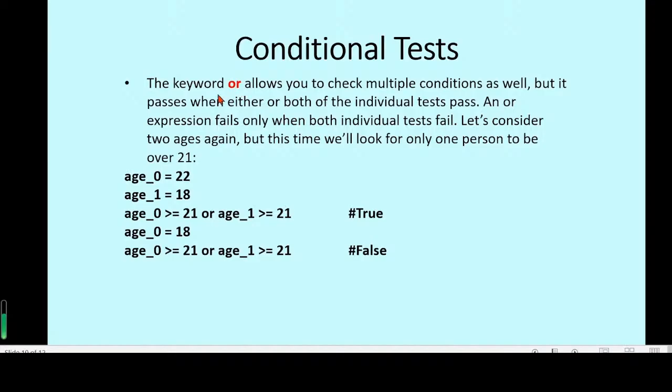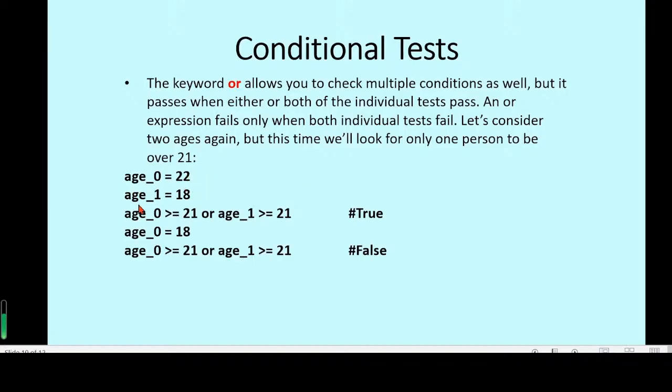And you can also use the keyword OR, which allows you to check multiple conditions as well, but it passes when either or both of the individual tests pass. So an OR expression fails only when both individual tests fail. Let's consider two ages again, but this time we will look for only one person to be over 21.